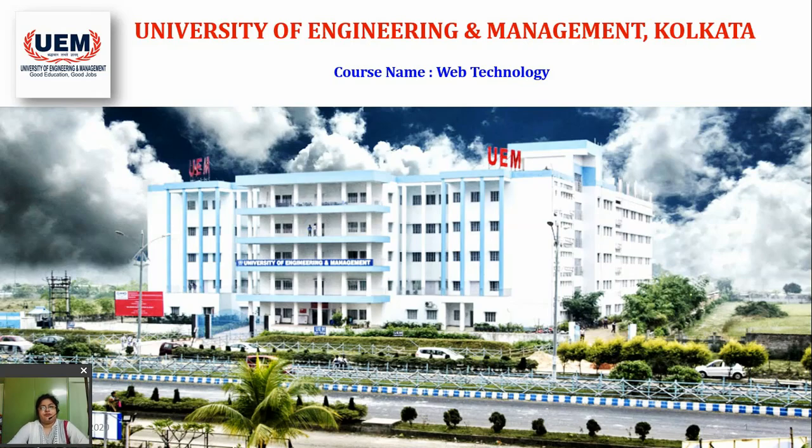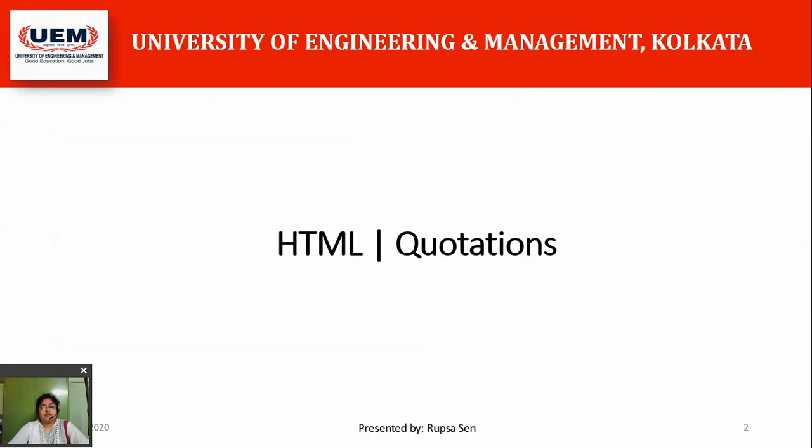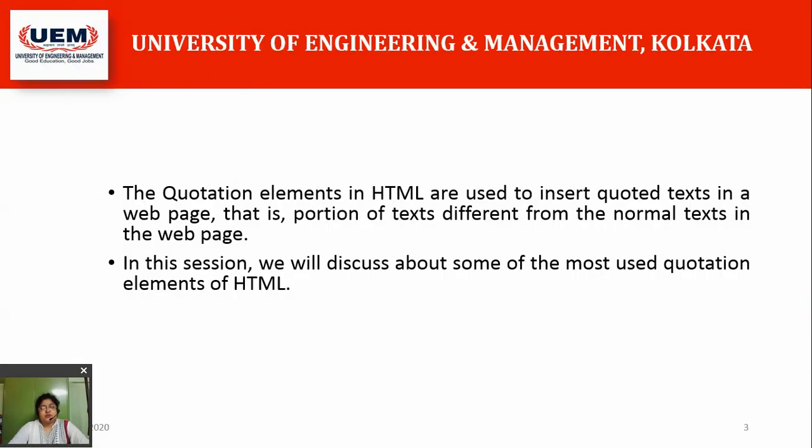Now, for this lecture, we will learn HTML quotations. The quotation elements in hypertext markup language are used to insert quoted texts in a web page, that is, portions of text different from the normal text in the web page.